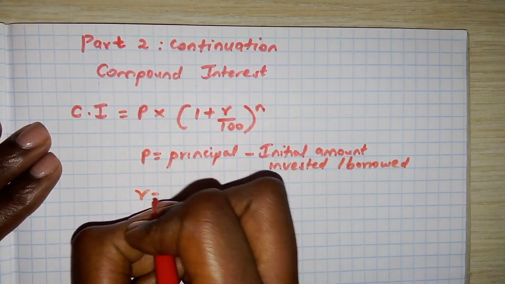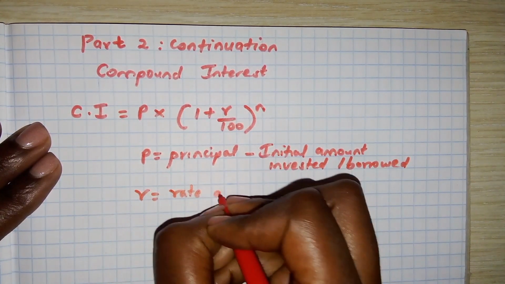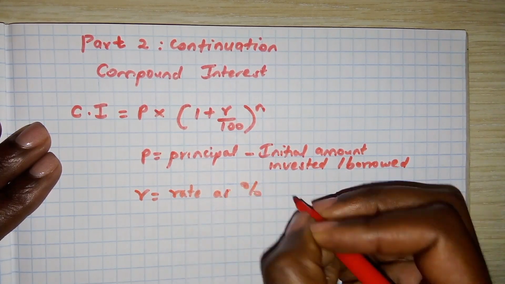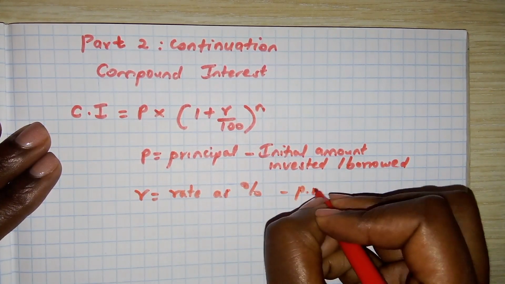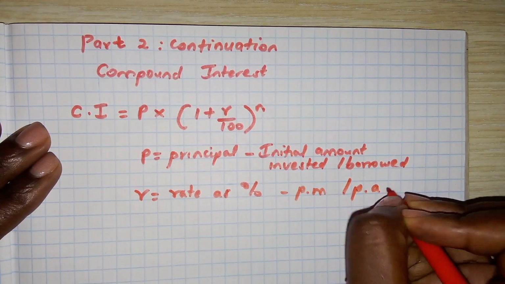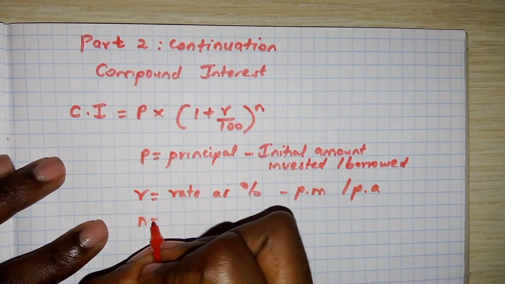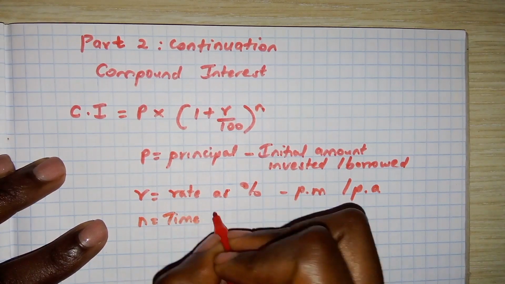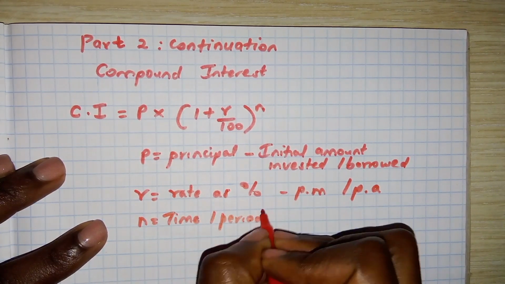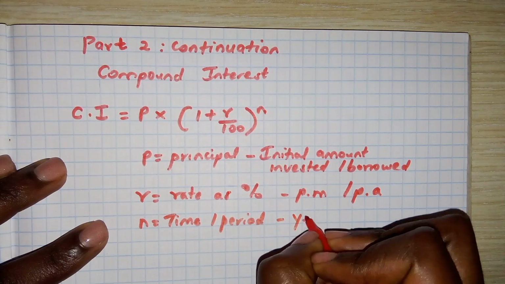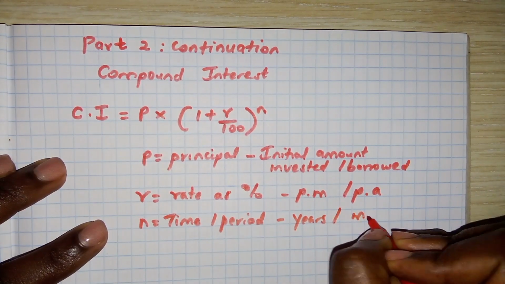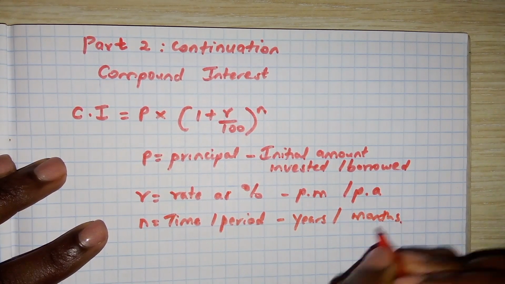R is the rate as a percentage, which can be per month or per year; per annum is per year. Then n is the time or the period. It can be in years or in months.